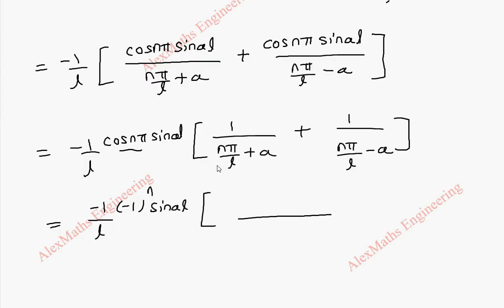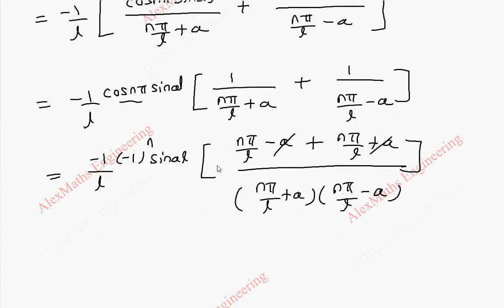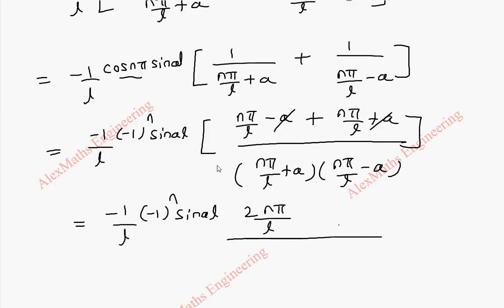And here when I take the LCM, it is n pi by L plus a into n pi by L minus a. So here n pi by L minus a plus n pi by L plus a. We can cancel these two, and now we can take n pi by L addition. So minus 1 by L, minus 1 power n sin al, this is 2n pi by L whole divided by, this is a plus b into a minus b, so n square pi square by L square minus a square.